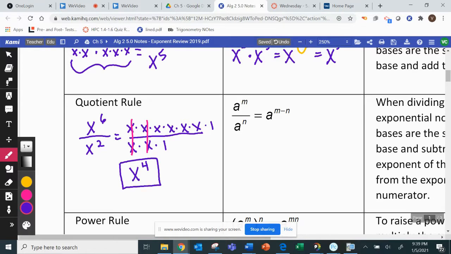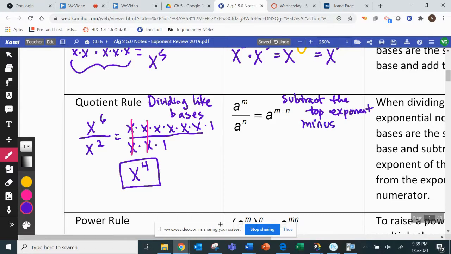So when we are dividing like bases, what we're actually doing is subtracting the top exponent minus the bottom exponent.